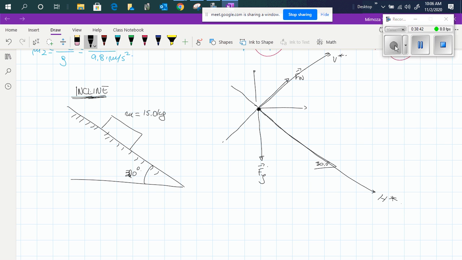What we do is we extend the vertical axis, and then the angle created between the extension of the vertical axis and the force of gravity is the same as the angle of the incline. In this way we have two components, the vertical component of force of gravity and the horizontal component of force of gravity, but they're rotated now.